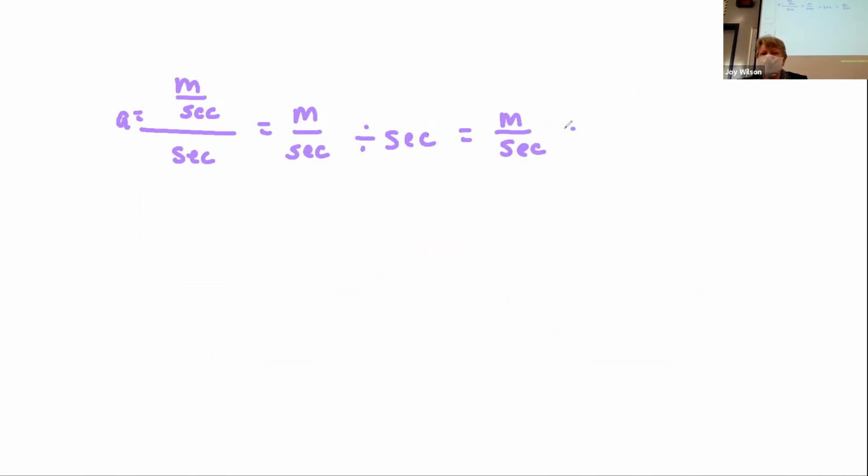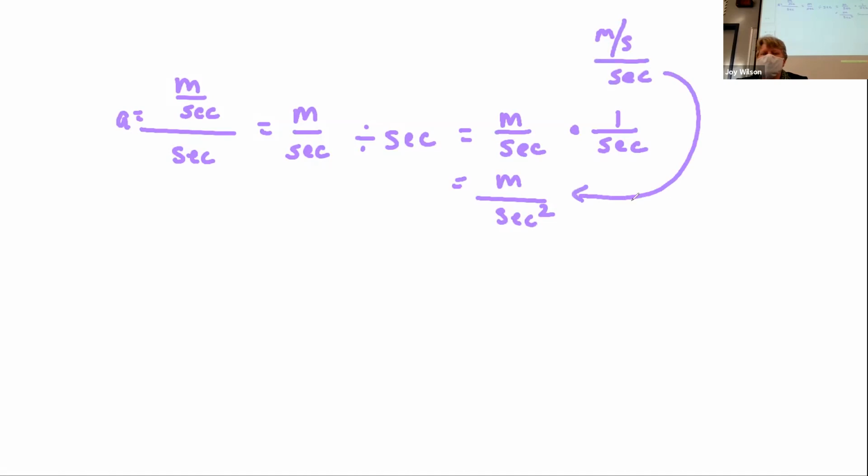So we change this to times, and we flip this fraction over. Then you get meters times 1 on top is meters, and seconds times seconds on the bottom is seconds squared. So meters per second over seconds is the same thing as meters per second squared. Okay, I understand. Yeah. Is that better? Yes, ma'am. Okay.